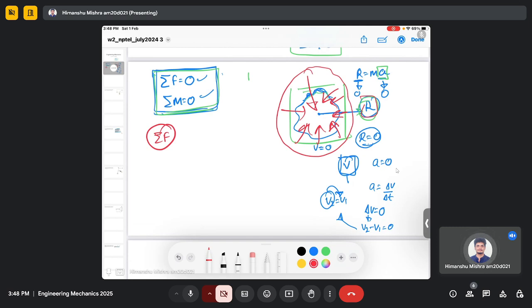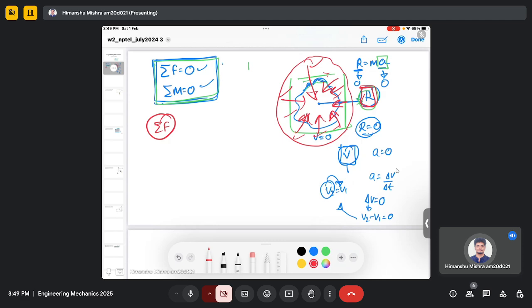You need to understand that if you exert any force on the body, it doesn't mean the equilibrium condition vanishes. The resultant of these forces should vanish, not each of these forces. The body can experience forces from several directions, from several sources, but the resultant of all of these forces should be 0 in order to satisfy the equilibrium condition.